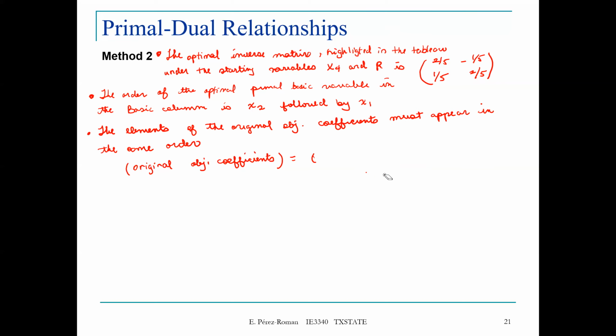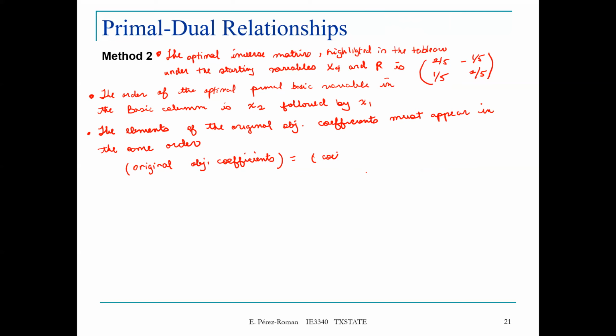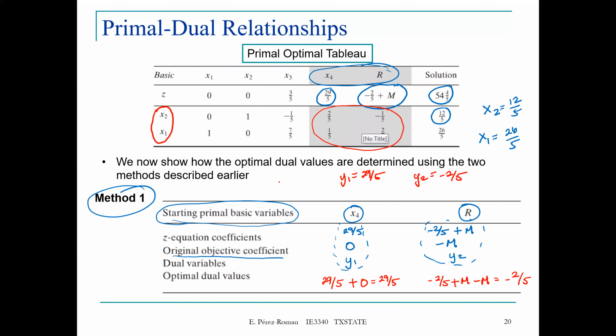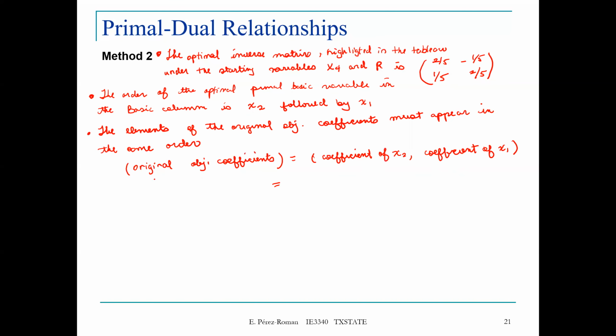Let me write this more clearly. So in this case, the coefficient of x2 is 12, and then the coefficient of x1 is 5. So this is 12 and 5.